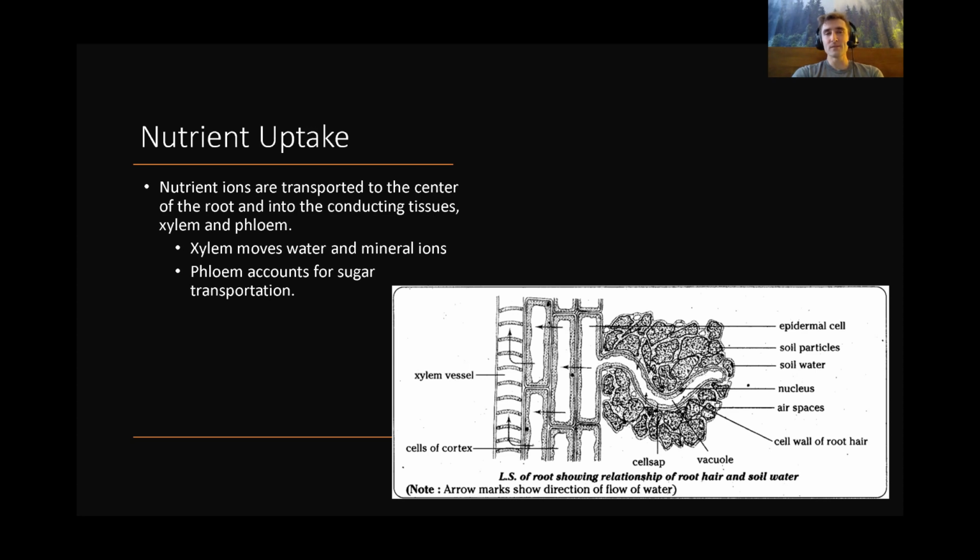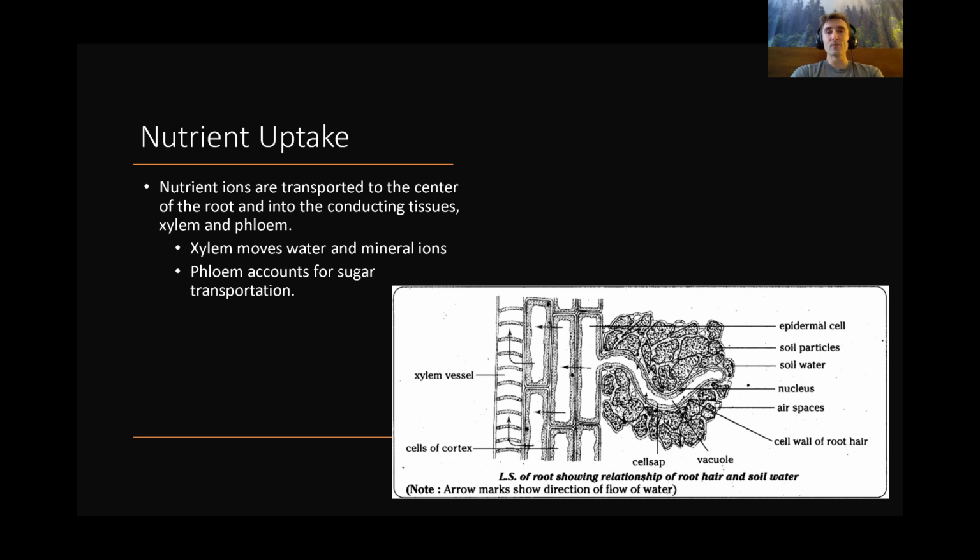They don't necessarily mix. We have the xylem and we have the phloem. The xylem is where water moves, and in that water are the mineral ions that our plants will need. And the phloem is where the sugar with the energy moves.